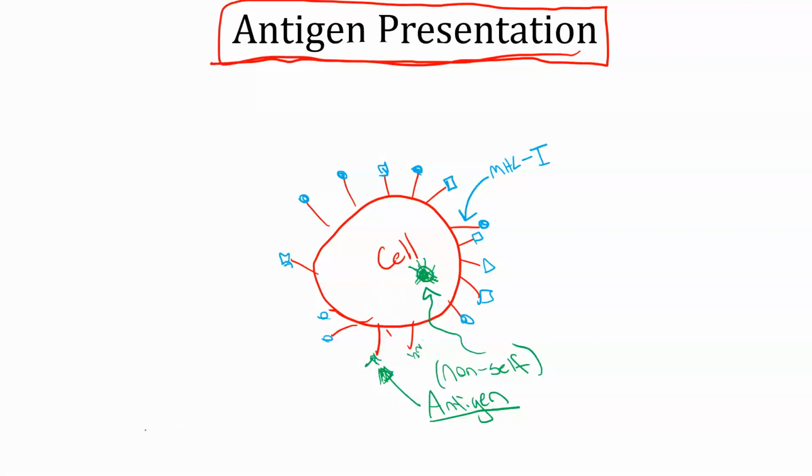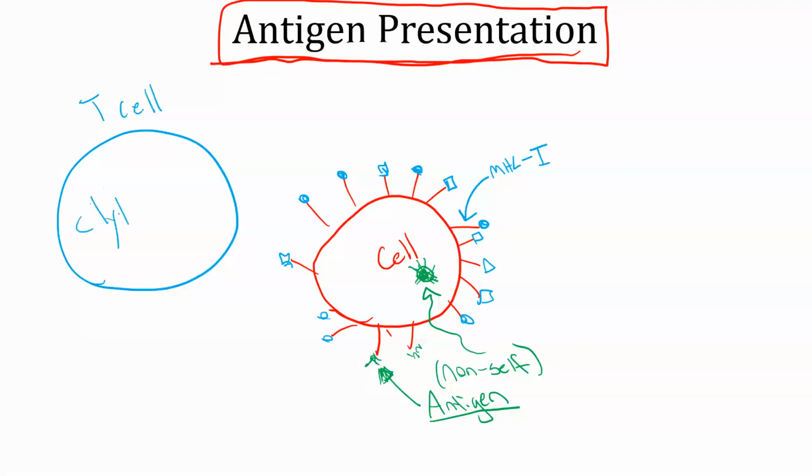All right, so what can happen then? We can have one event occur where we have a T cell, and this would be a T helper, or sorry, a cytotoxic T cell. Cytotoxic T cells are trained to grab on to any non-self antigen that is presented on MHC class 1.